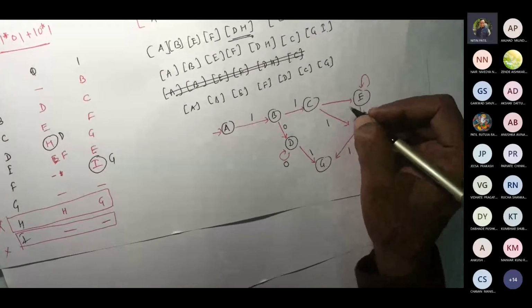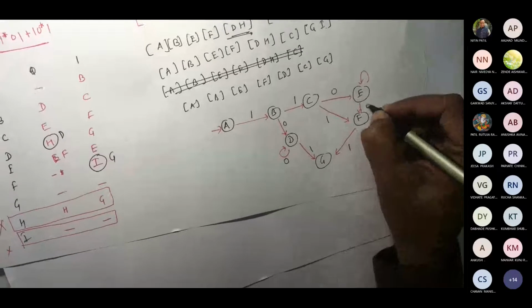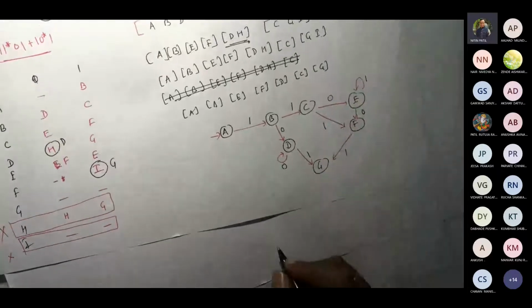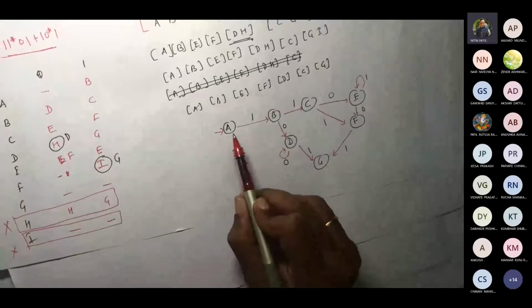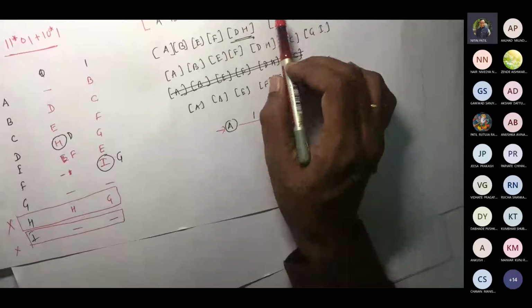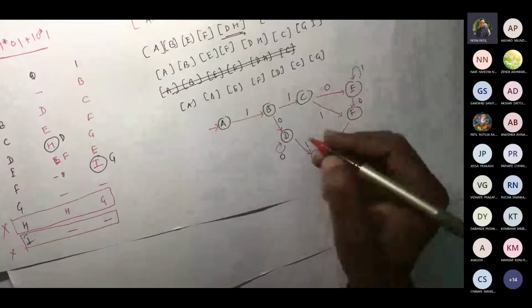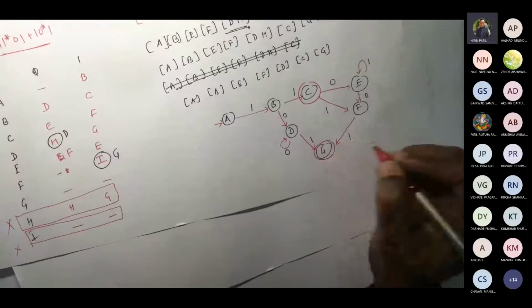C to E on 0. E to F on 0 1. Correct. Now which is final? Initial is A. Earlier the finals were C, G, I. Now we replaced I, so only C and G are your final states.